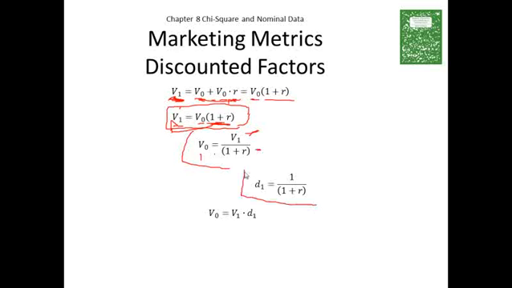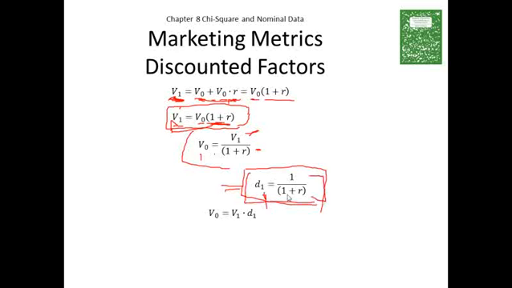We define that factor of 1 over 1 plus the interest rate as the discount factor for year 1. It's the indicator of 1, d sub 1. The discount factor for year 1 is simply 1 over 1 plus the interest rate.